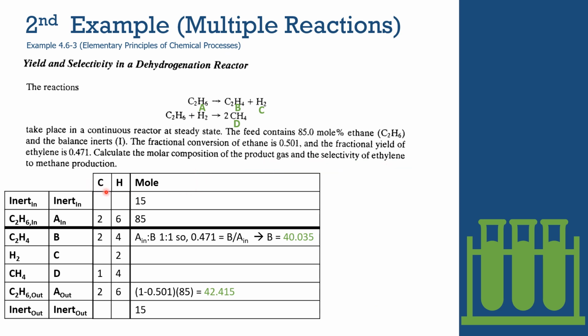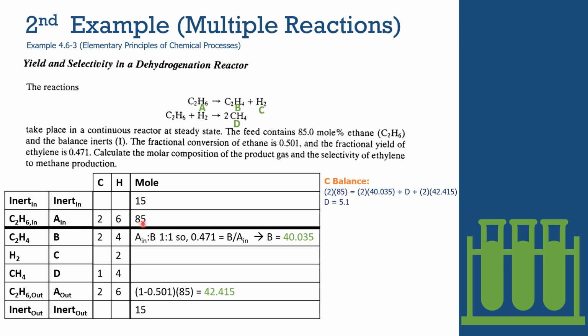We have carbon and hydrogen. How to decide which one to start with? For hydrogen, here it is known, here it is known, here it is unknown, here it is unknown. So we have two unknowns. For carbon, here it is known, here it is known, here it is unknown, and here it is known. So just one unknown. So we'll start with the carbon balance.